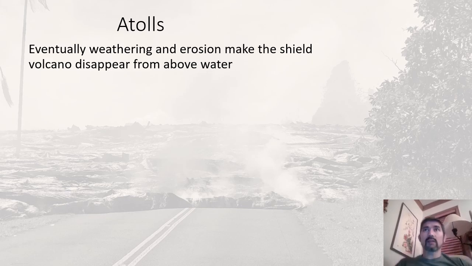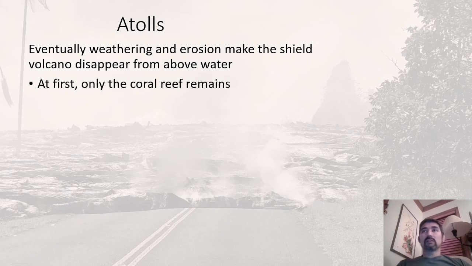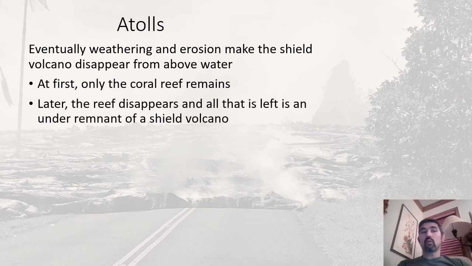It grows around the island. Lots of living things live inside of coral reefs. And once the island sort of crumbles into the water, all that's going to remain is the coral reef.